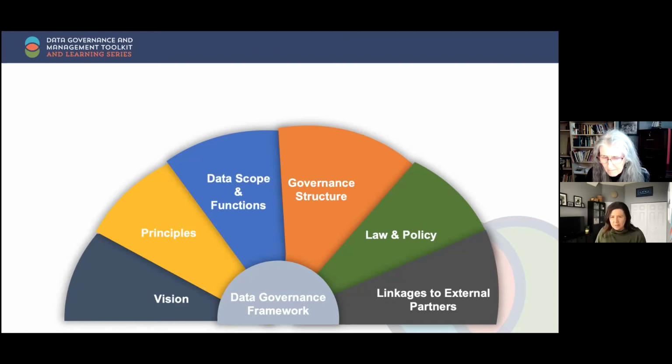Then we'll talk about what laws and policies to consider having. We've already talked about linkages to external partners, which was the first part of our talk today. So we've covered that last one, and we're circling back to talk about building the internal structure you're going to need in order to receive that external data. Next slide, please.